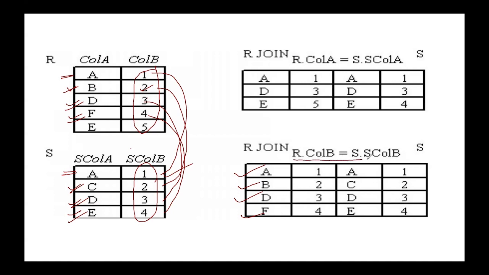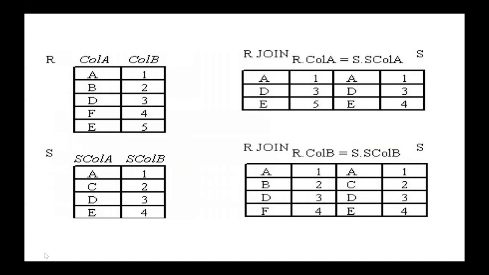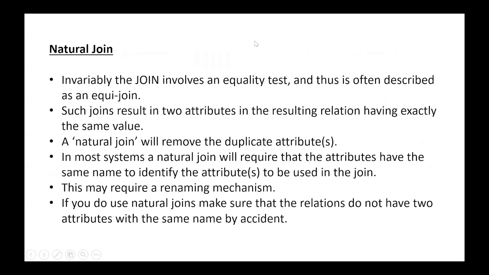Because my join condition is telling me to only check that. Okay, students, I hope this join is clear. Whenever we use an equality sign, we will call such a join an equi-join. A join involving an equality test is often described as an equi-join. So the previous example, whatever we did, we can say that it was an equi-join.